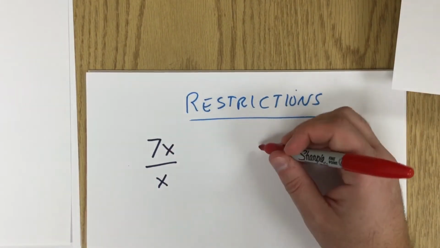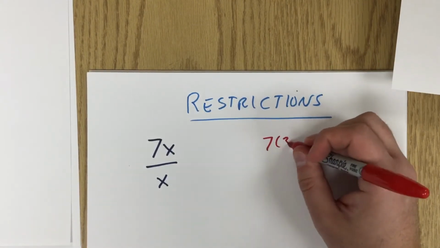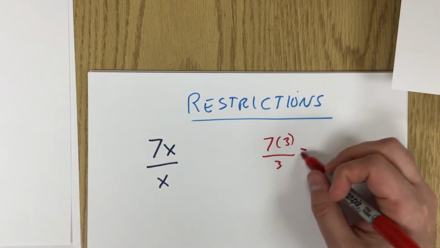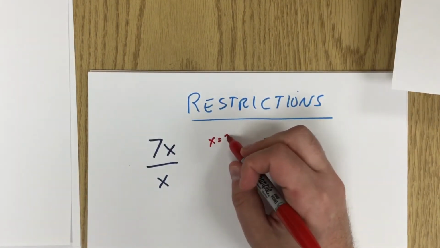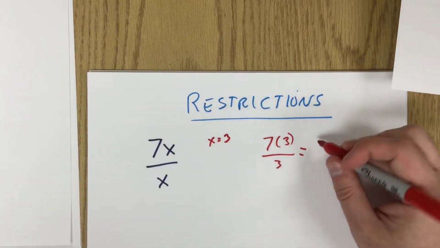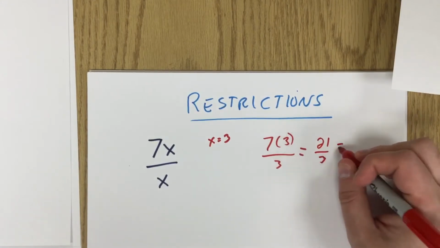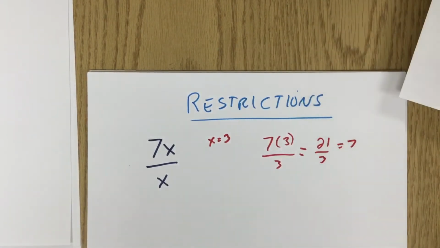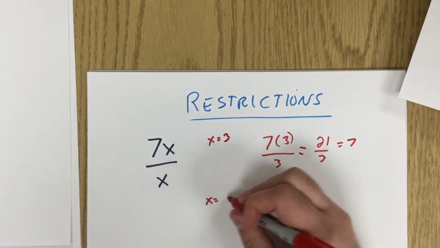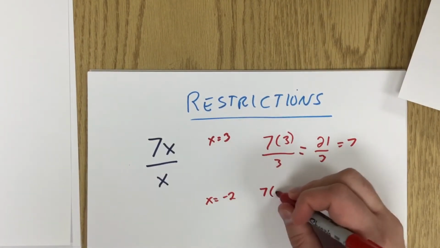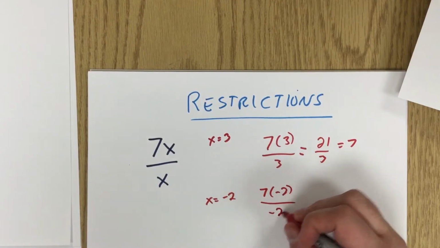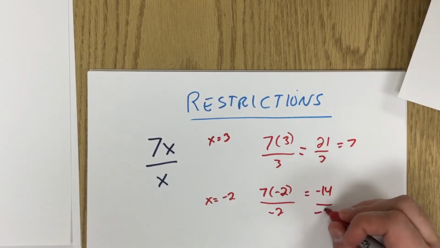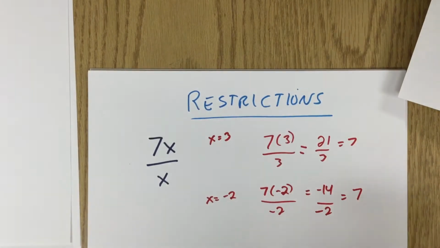If x is 3, we have 7 times 3 over 3, which is 21 over 3, which is 7. We're not too surprised because we said 7x over x is equal to 7. And if x is equal to minus 2, we would have 7 times minus 2 over minus 2, which would be minus 14 over minus 2, which would be 7.